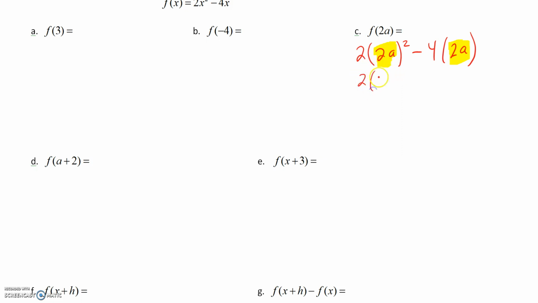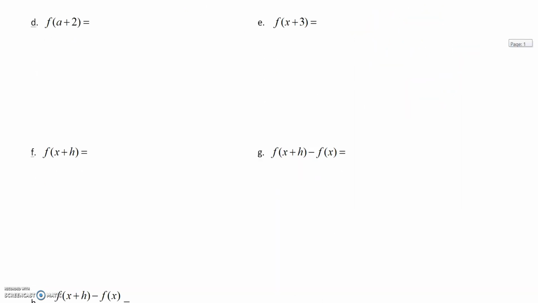So you're going to have 2 times 4a squared, take away 4 times 2a, which is just 8a. Then to simplify further, you get 8a squared minus 8a, and you're done.